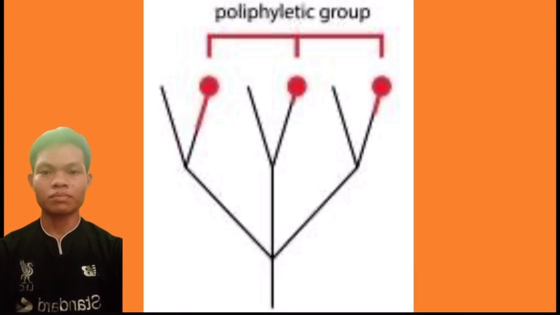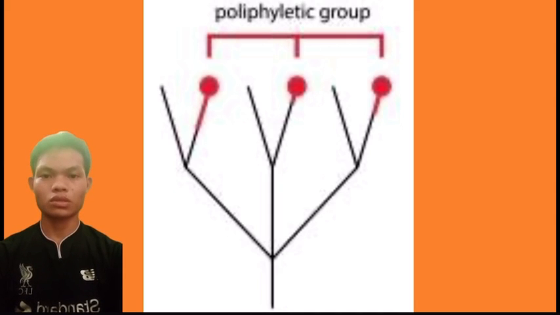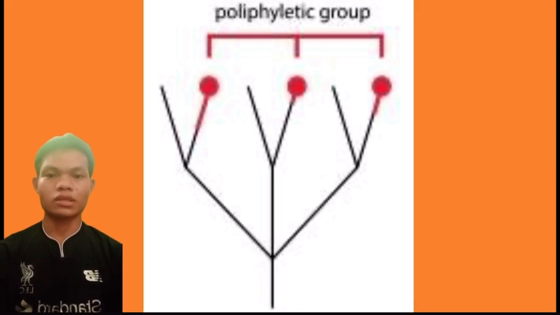In the diagram, the red dots represent species that are grouped together as a polyphyletic group. You can see that they come from different branches of the evolutionary tree instead of one shared branch. This shows that they did not evolve from the same recent ancestor, but rather from separate ancestors far back in history.